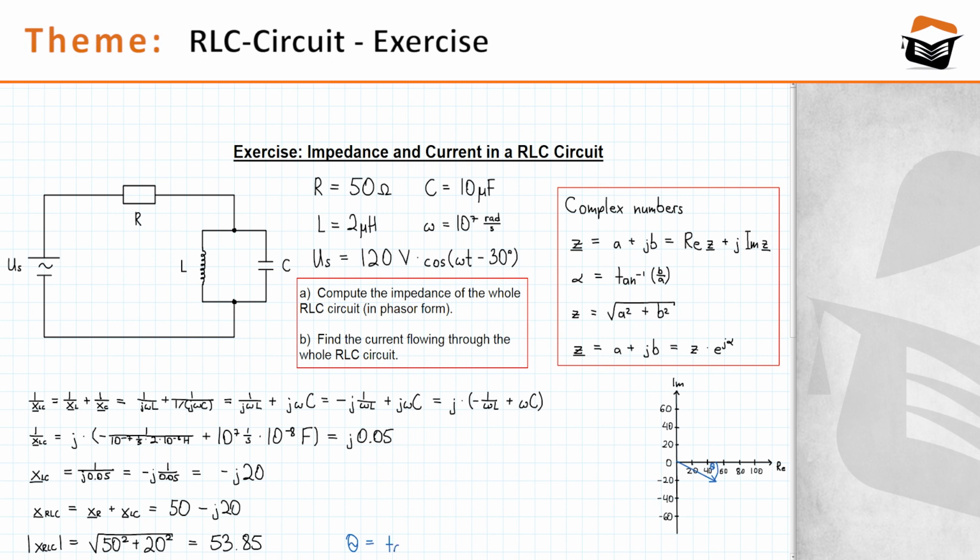In our case, b is 20. That's what follows after the j. It's actually minus 20 divided by 50. It's the real part. And the phase shift angle is therefore minus 21.8 degrees.